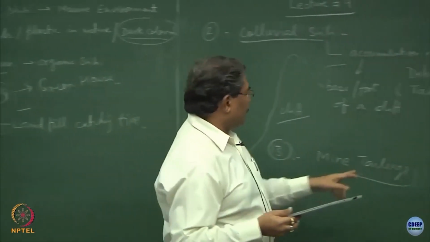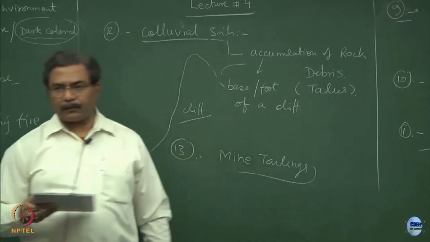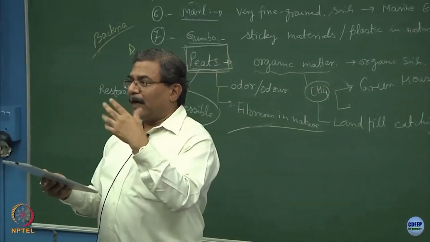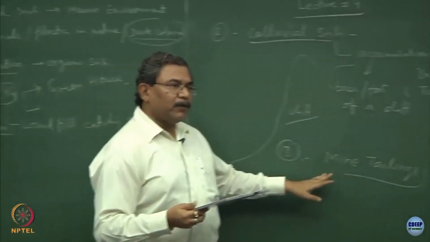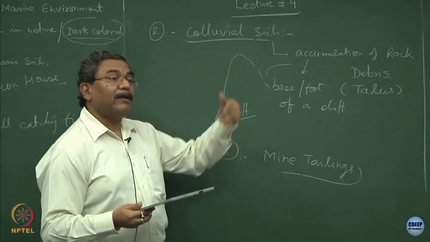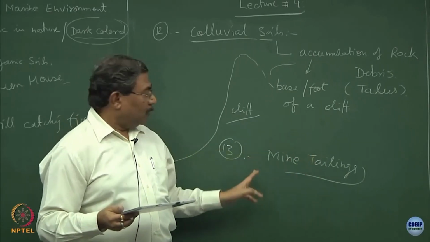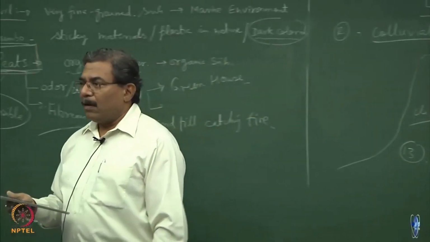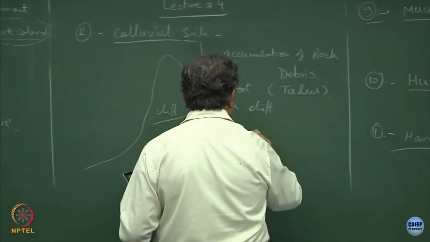Some of these dumps are the mine tailings. So, you take out the mineral from the mines, process them, extract the good part of it which is useful to you, 80% remains unutilized, throw it somewhere. Clear? Human activities, soils formed because of the human activities. So, mine tailings are the one, mostly these are silty materials.